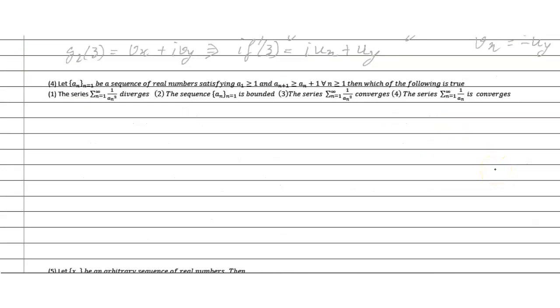So friends, now we are solving the next question. The next question is very interesting, friends. Let a_n, n equals 1 to infinity, be a sequence of real numbers satisfying a1 greater than or equal to 1, and a(n+1) greater than or equal to a_n plus 1.